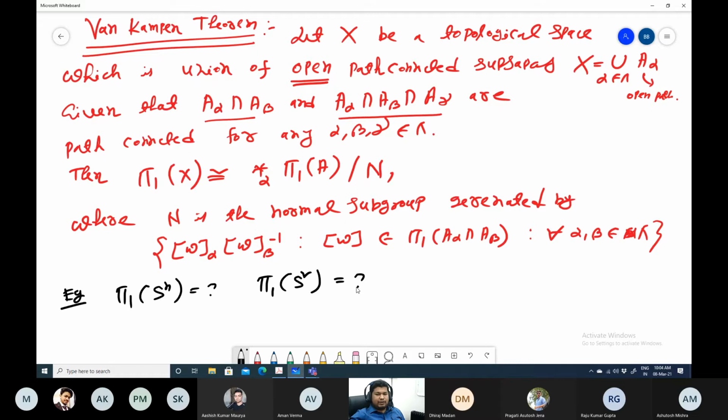There is a proof I have written in the lecture notes, but I did not explain the whole proof because I asked and you said that there is no doubt. Now, by using Van Kampen theorem, can you prove that pi1 of S2 is 0?